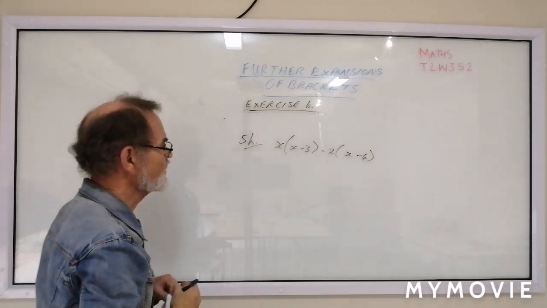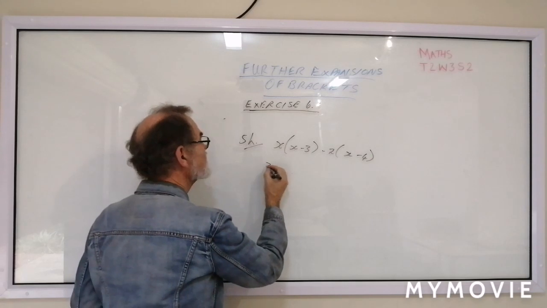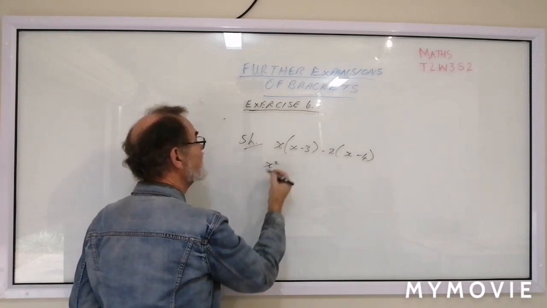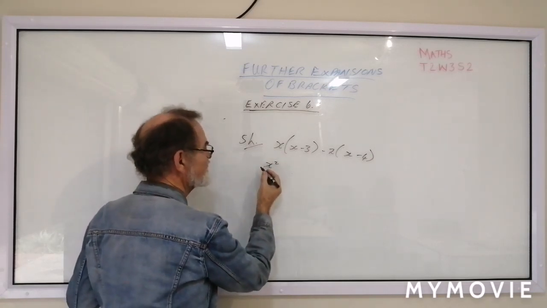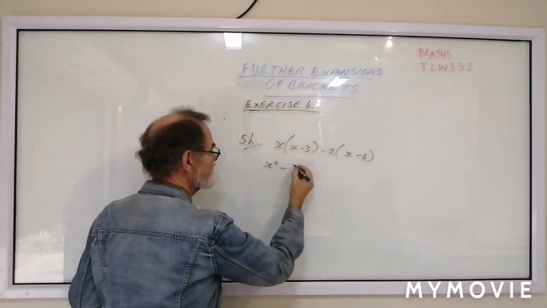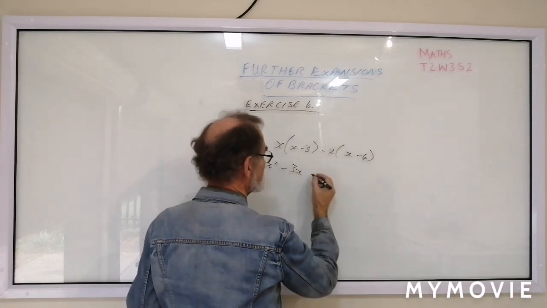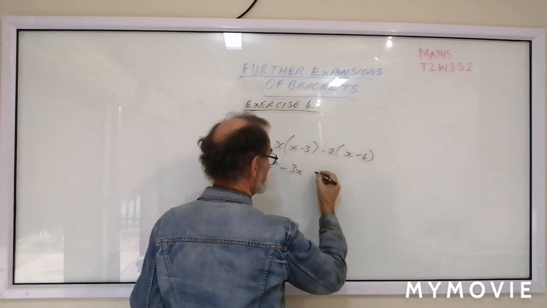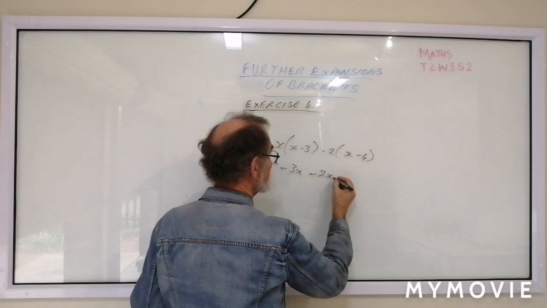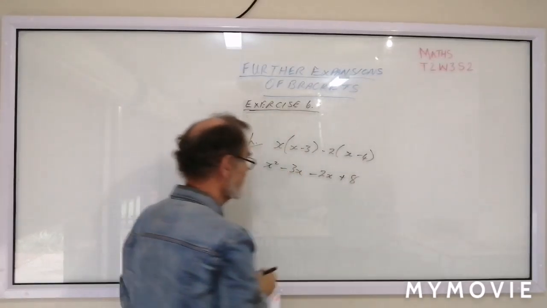Multiplying them out now, because x is outside here, x times x is just x squared, which is actually plus x squared, but we don't need to write that. x times minus 3 is minus 3x, and then minus 2 times x is minus 2x, and minus 2 times 4 is plus 8.